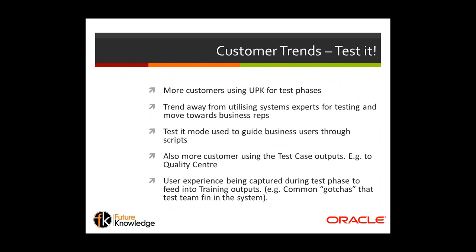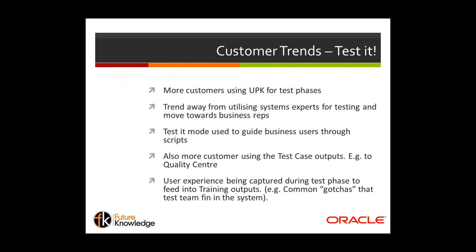And what it's doing is it's enabling us to get away from having systems experts doing the testing, and this is quite often one of the challenges in really maximising user adoption: we don't use real users until as late in the piece as we possibly can, because we feel like we've got to train them up in how to use the system before we can get them to conduct any testing.